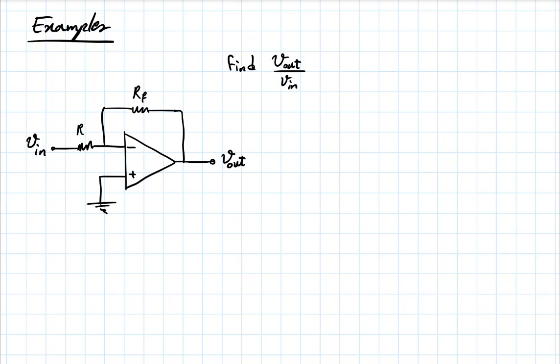And why is that? Let's start where we know things, right? So this one we know is 0. This is my reference, ground, 0 volts. If this is an ideal op-amp, and if things are in the linear mode, immediately I'll know that this is also at 0 volts. So I found that node voltage.